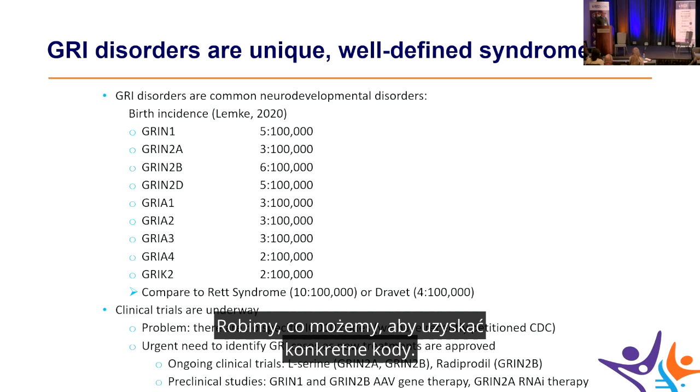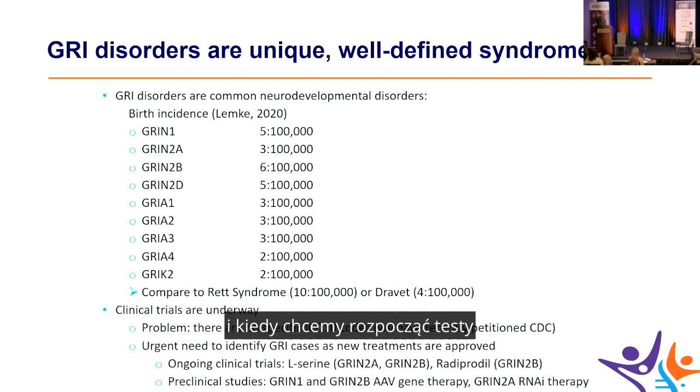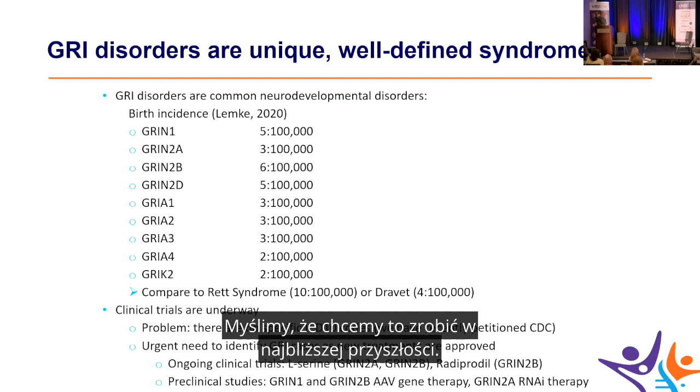We are doing what we can to try to get specific codes because we think this is going to be important not only for understanding the impact of all of these disorders, but also for identifying patients for trials, when we want to get trials going for things like L-serine or radiprodil or any of these other things that we want to do in the very near future.